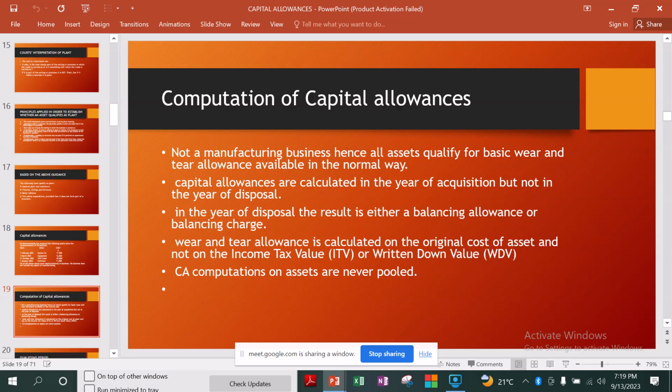So regardless of when you bought the asset, the full year's capital allowance will be claimed. But in the year when you dispose of the asset, you cannot claim allowance on the asset disposed. So that's what is important there.